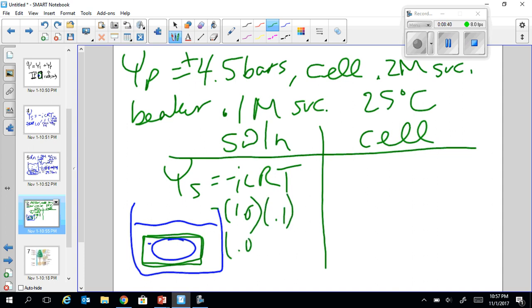My R is 0.0831. And my temperature, 25 plus 273, is 298. All right, and I'm going to multiply these together. So 298 times 0.0831 times 0.1 times 1.